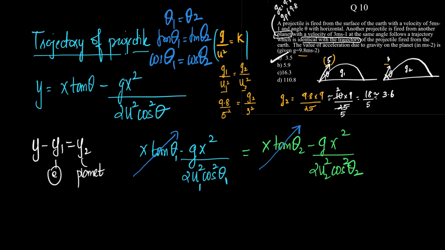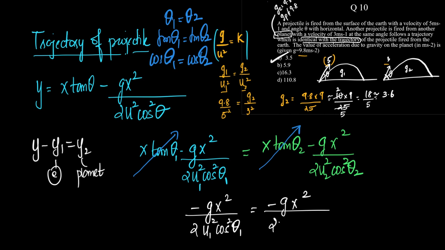So what else do we have? Minus g x square by 2 u1 square cos square theta 1 is equal to minus g x square by 2 u2 square cos square theta 2. Now if you see, cos square theta 1 and cos square theta 2 are the same. x square by x square is 1.